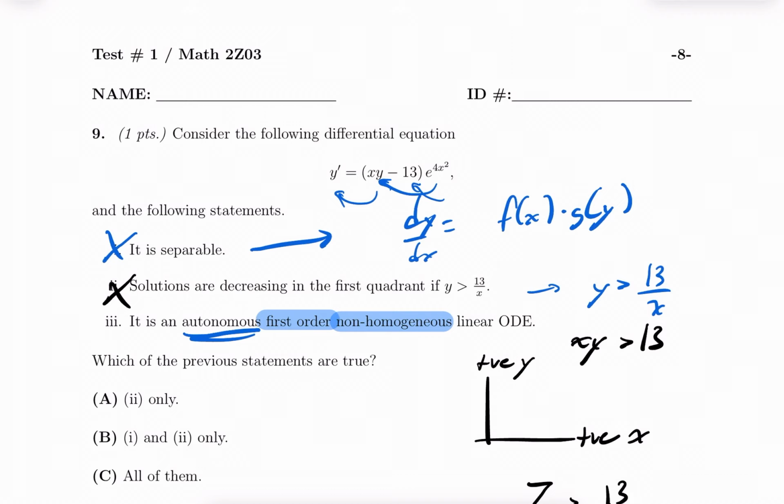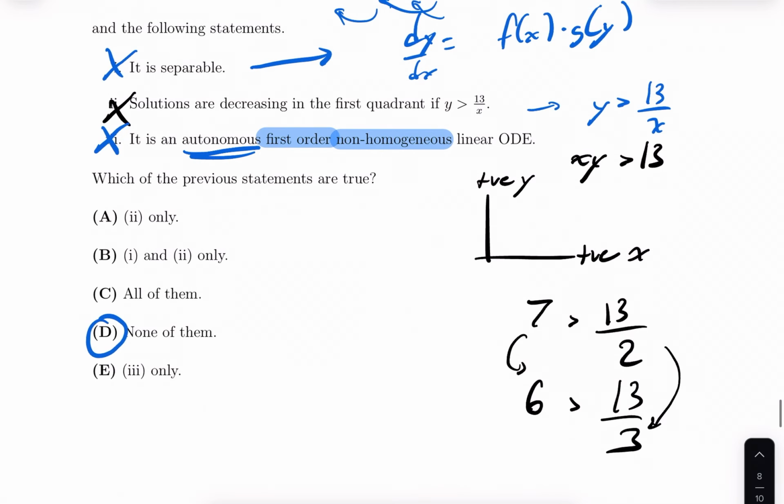You only got one thing. Oh yeah, that would make sense. So does not explicitly depend on the independent variable basically translates to you only got one thing in there, so just y's or just x's. So this is not autonomous, which makes it none of them. I don't even know if that's right, but let me check. Okay, it's none of them.